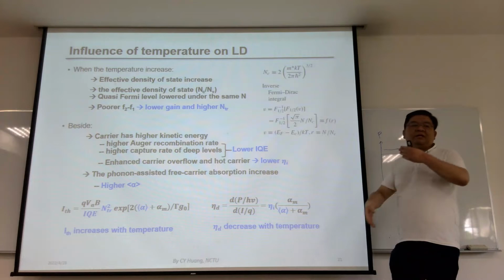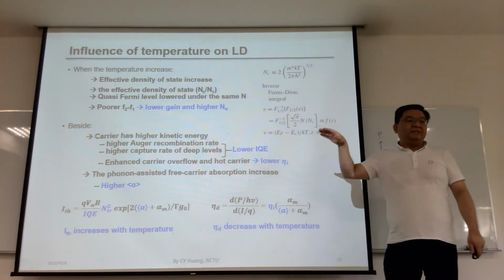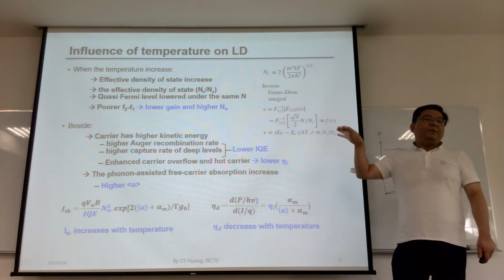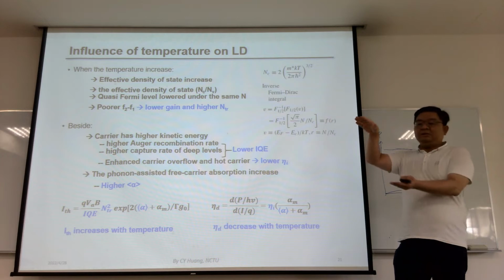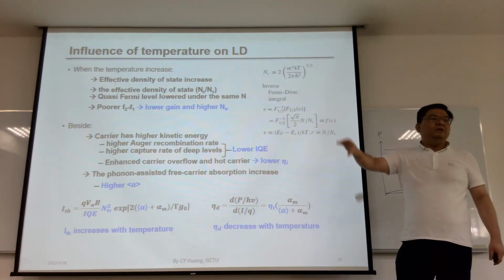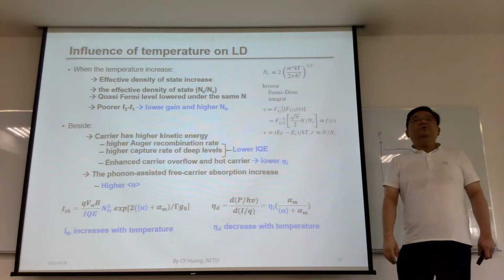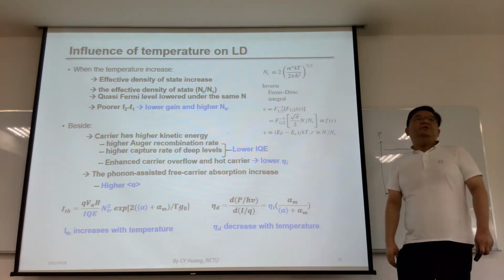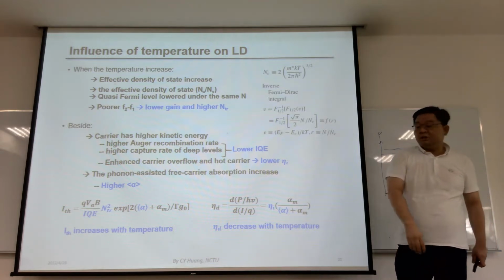But let's put it another way. If the injection current level is the same, but the temperature increases, that means your Fermi level separation will decrease. With the smaller Fermi level separation, the gain also reduces. So it will be more difficult to reach the threshold carrier condition.